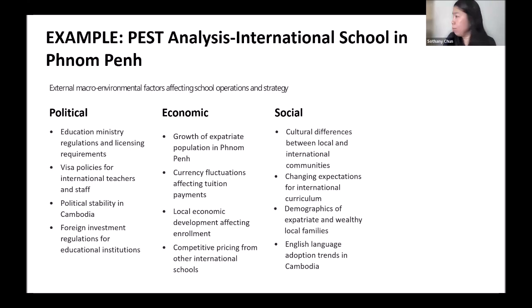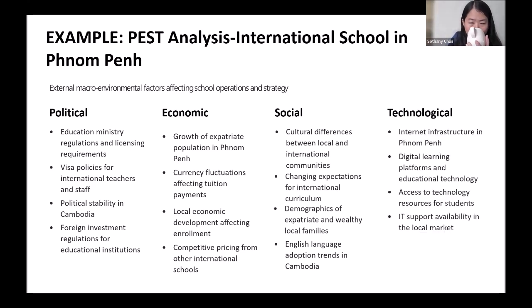I mean, this is good. And then English language adaptation trend in Cambodia. In terms of technology, internet infrastructure is good here. Digital learning platforms, educational technology, access to knowledge resources. There's no restriction in terms of technology resources. IT support availability, local market, international here.